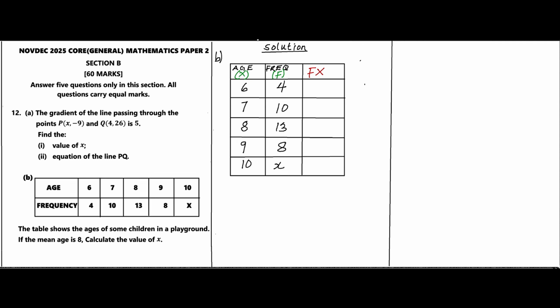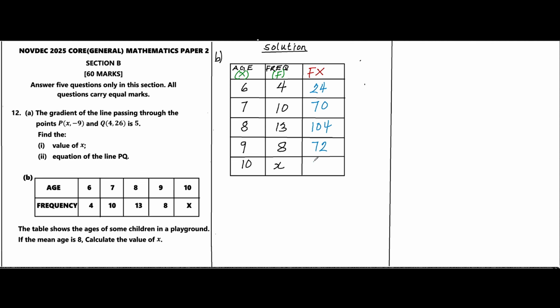So let's start. 6 times 4, we know this is 24. 7 times 10, we have 70. 8 times 13, 104. We have 9 times 8, 72.